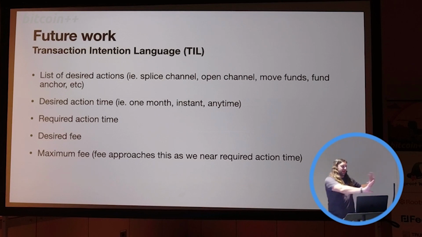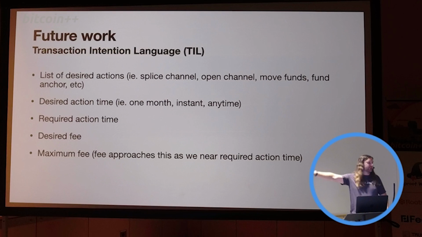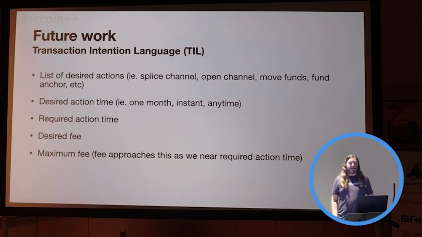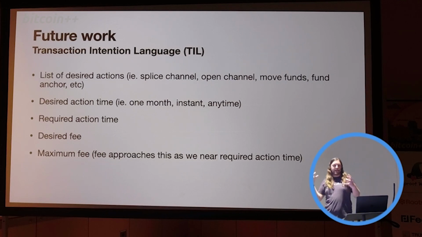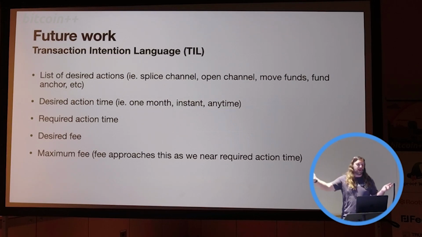There's some future work after the SpliceScript stuff where I want to do what I want to call transaction intention language, TIL for short. This is going to be a merging of SpliceScript plus delayed actions. So instead of saying do it right now, we're going to say I want this thing done in the next 3 months, ideally at this fee rate, at most at this fee rate. This will go into a time solver.